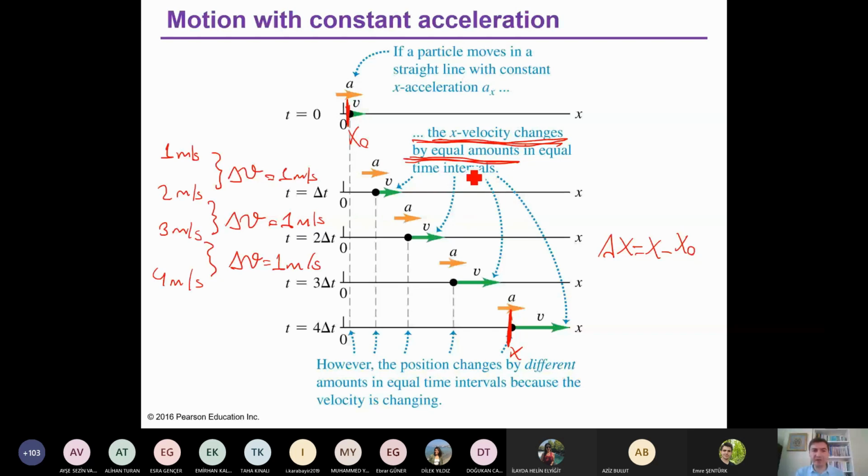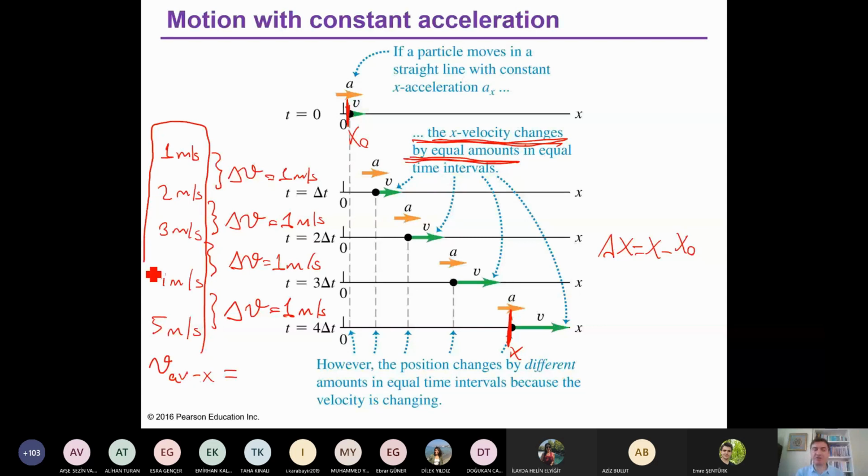So what is the meaning of that? Let's also put here 5. This also has the same amount of change. So now I would like to calculate v average x. So how to get the average of these numbers in mathematics? 1 plus 2 plus 3 plus 4 plus 5 divided by 5.